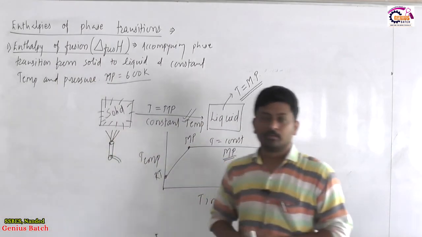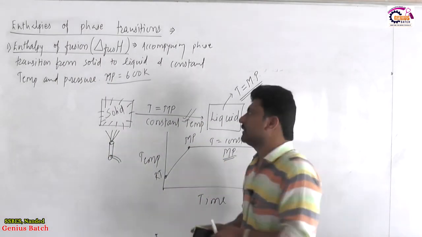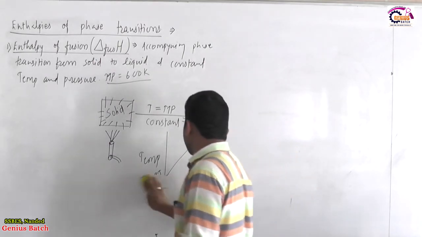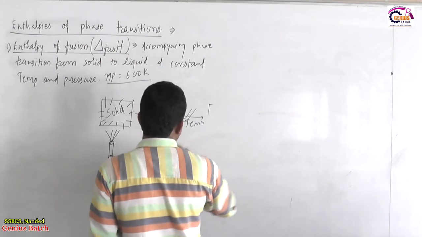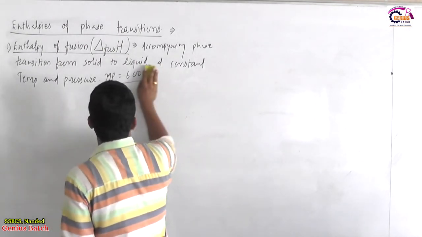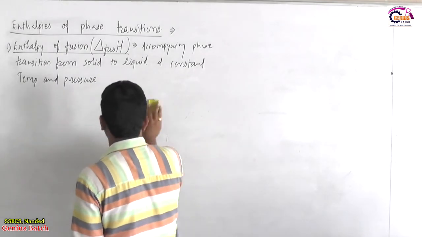Okay. Now one more thing we would add to this. So enthalpy of fusion is what? It is the enthalpy change accompanying transition of a solid material into liquid at constant temperature and pressure.